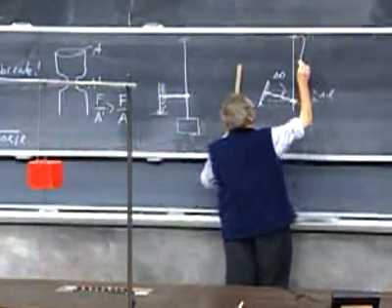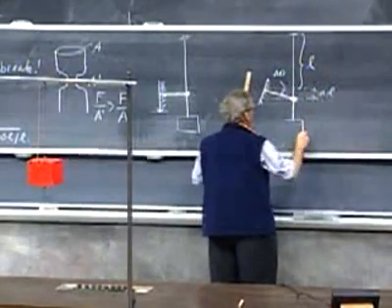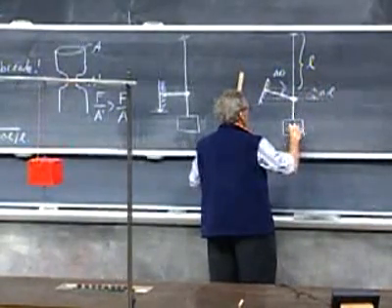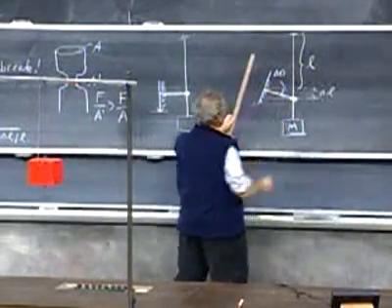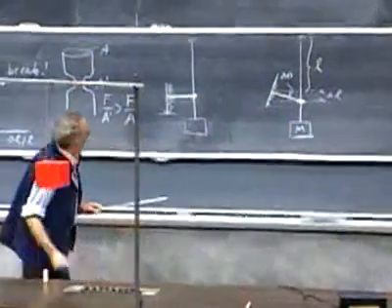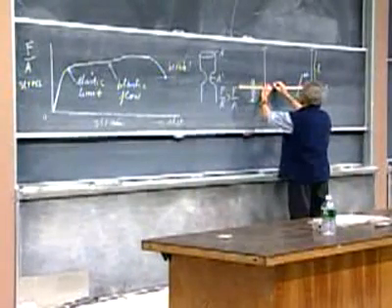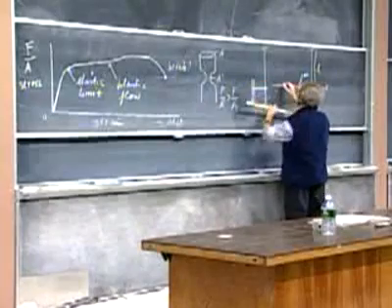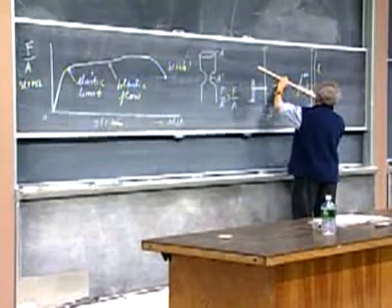And this length is L. And we're going to load it down with a mass m, which we're going to increase. And then we have a laser beam, which we shine onto the mirror. The laser beam comes in like so, and this is the normal to the mirror.